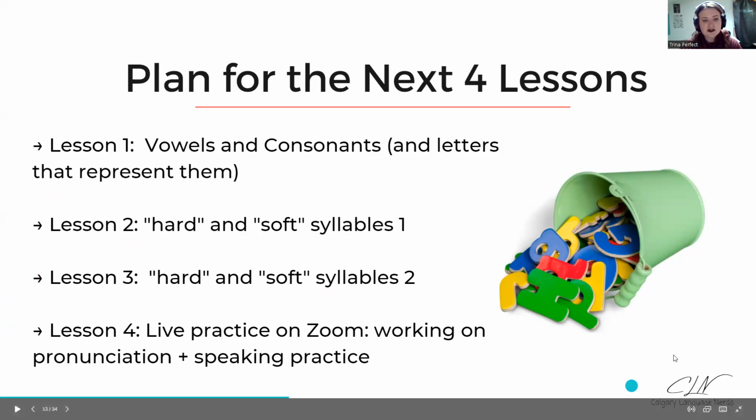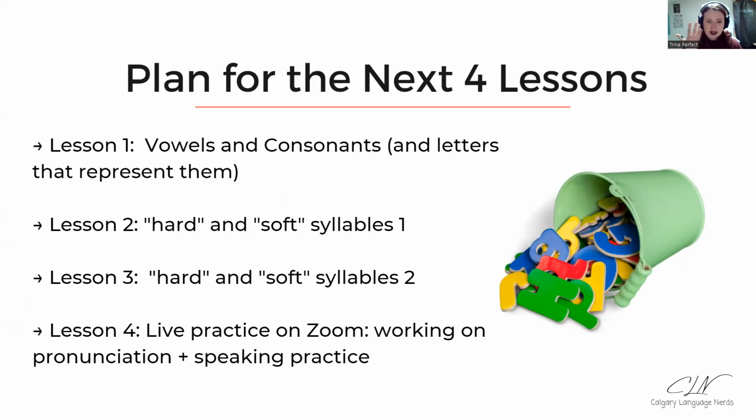Lesson 4 is going to be the most exciting one, the one that is practice. We're going to be live on Zoom. I'm going to give you a little more advice on pronunciation, for example how the stress works, what kind of sounds vowels make in stressed and unstressed position, and what other important pieces of information we need to know when we read in Cyrillic.